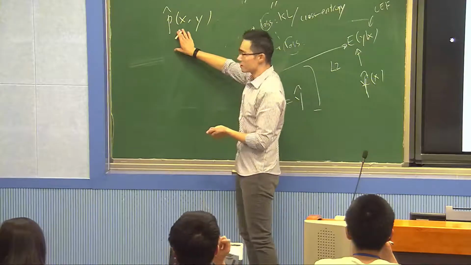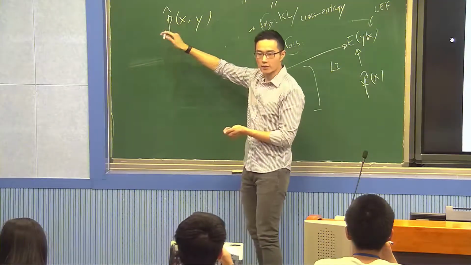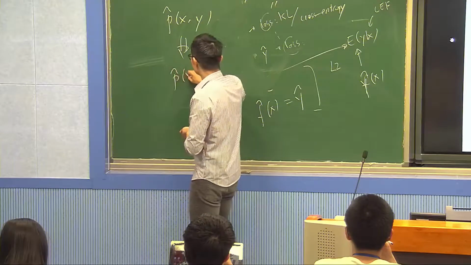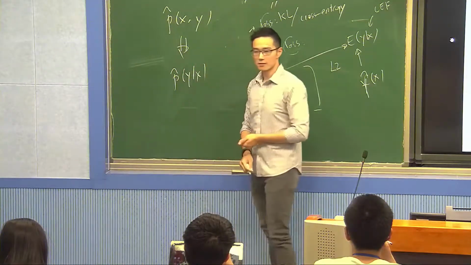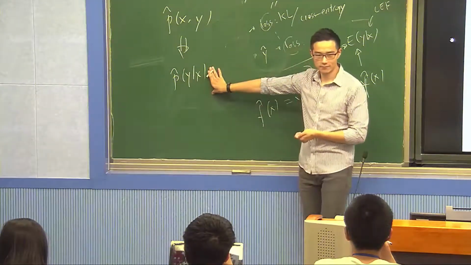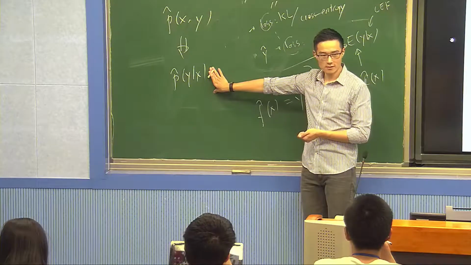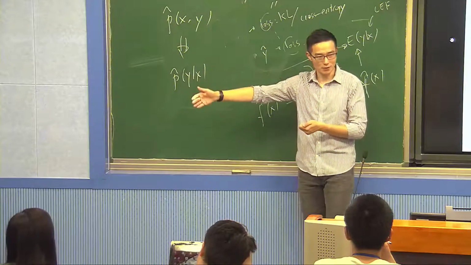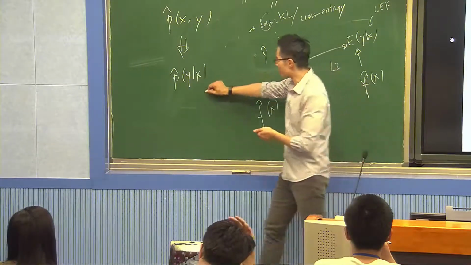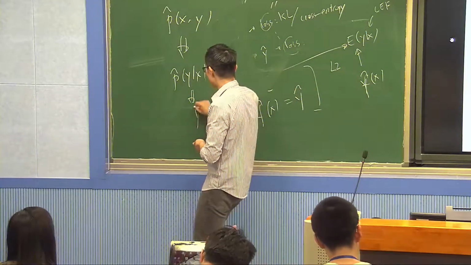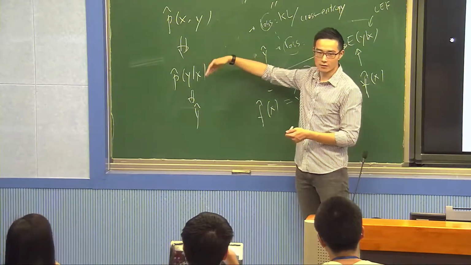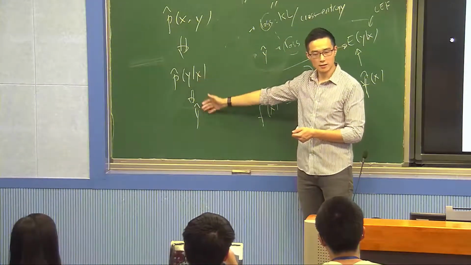And from this joint distribution, I can always calculate P hat(y given x). So if I have this, I always have this. It's very easy. And once I have this, I'm back to my first approach, and I can use this to generate a y hat.